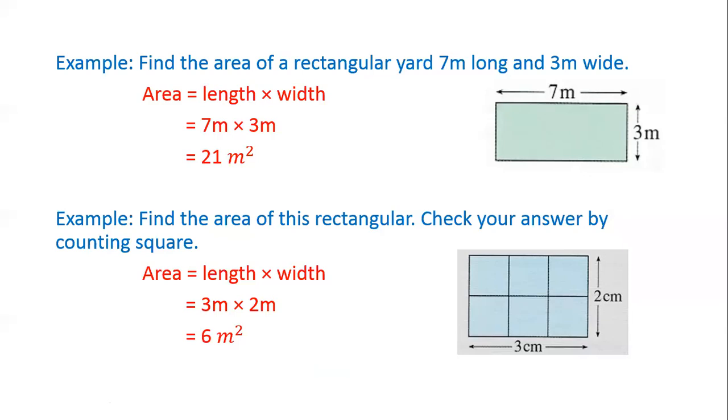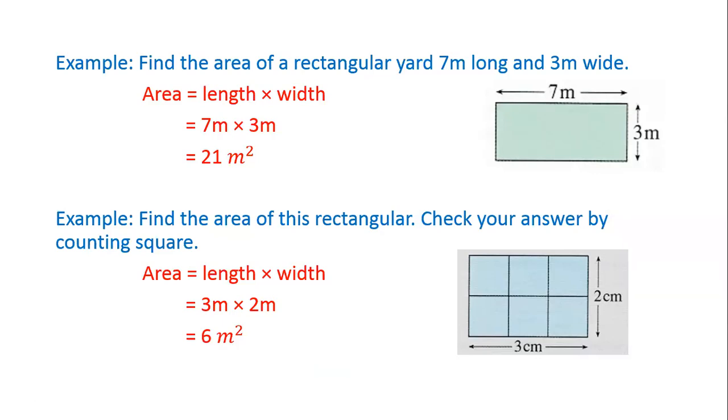Length is 7 meter and width is 3 meter, so it will be 21 meter power 2, or meter square. This is the measuring unit of area.